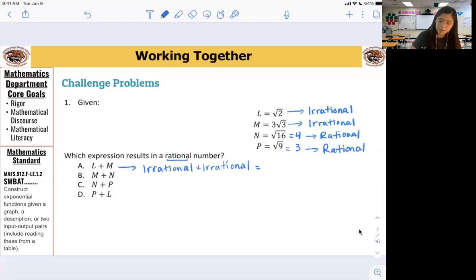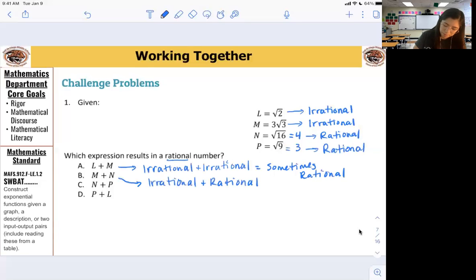Sometimes rational. M plus N, that's irrational plus rational. What does that give me? Never rational.